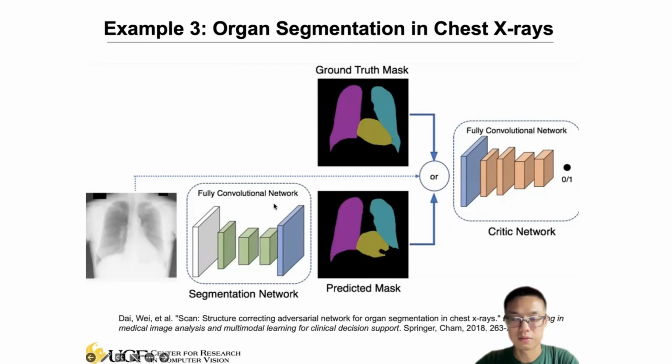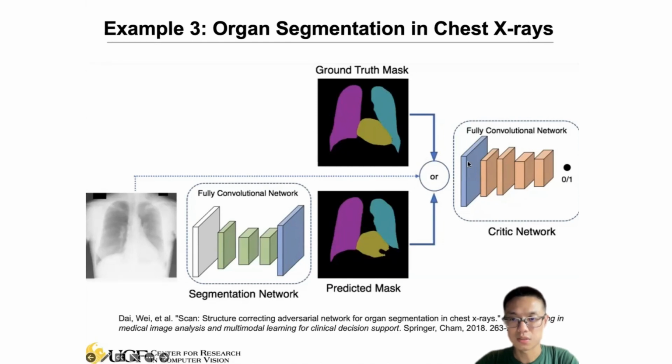We can use other UNet variants, like Attention UNet, that have this encoder-decoder structure to generate this segmentation map, right? So this is the predicted mask, or segmentation map, of different organs. And for the training data set, we have the ground truth map, right? So this is the ground truth mask.